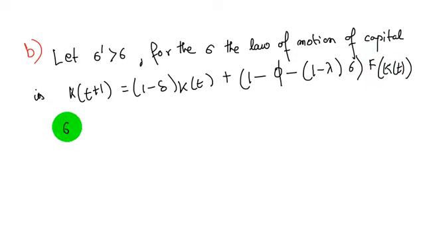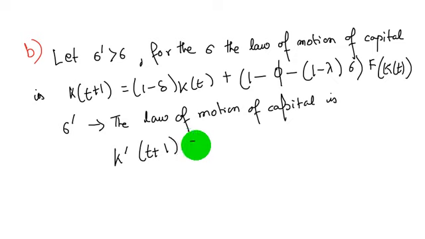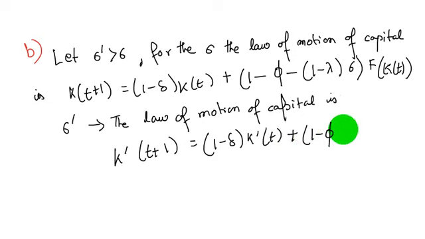And for sigma dash, the law of motion of capital is k dash t plus 1, which equals 1 minus delta k dash t plus 1 minus phi minus 1 minus lambda sigma f k dash t.